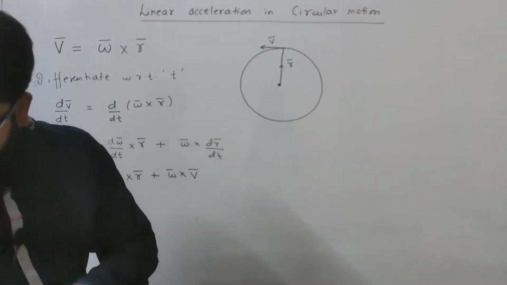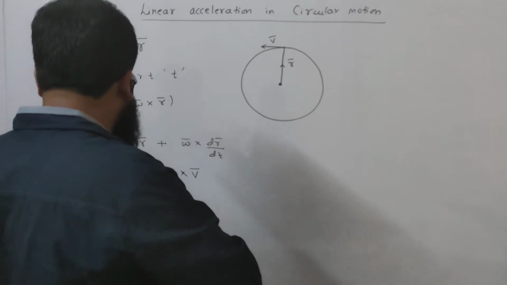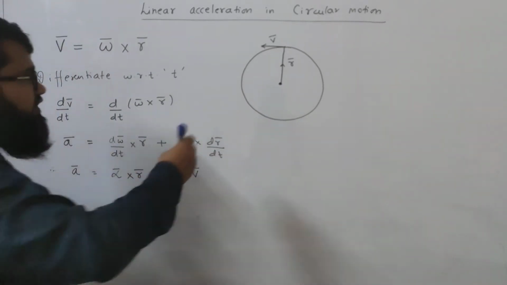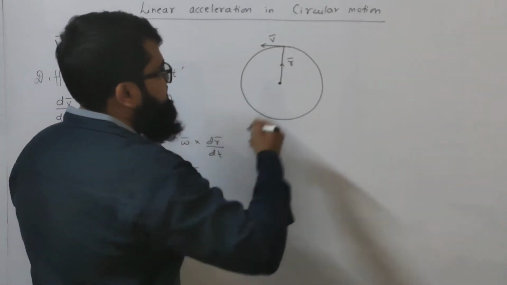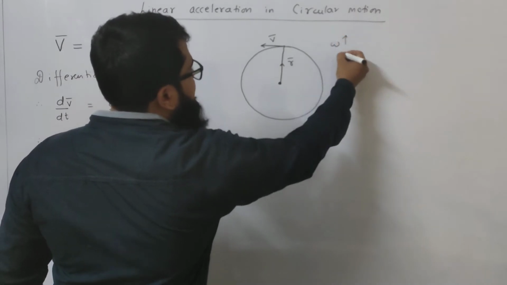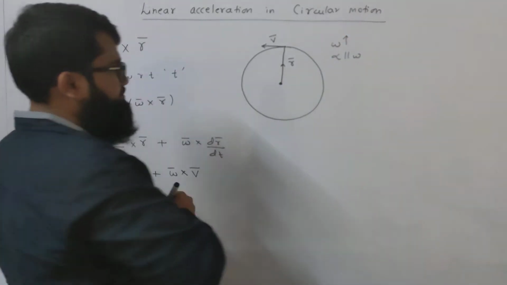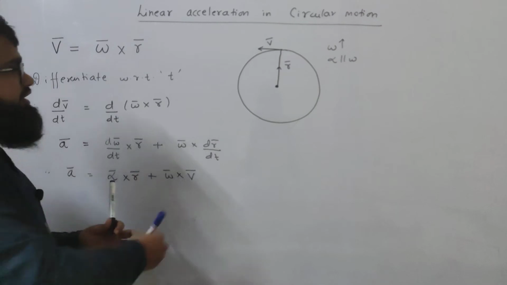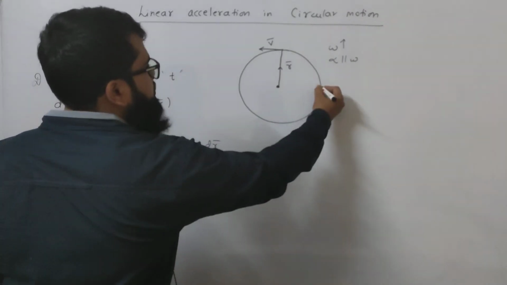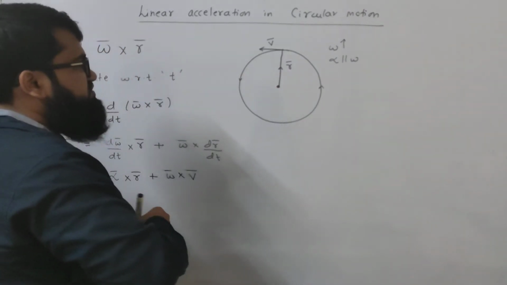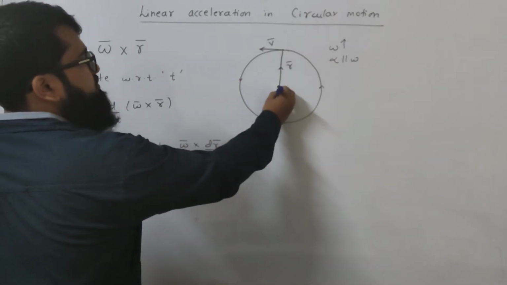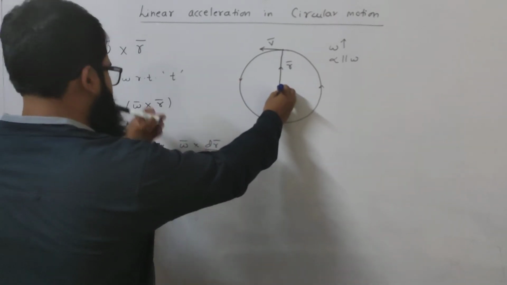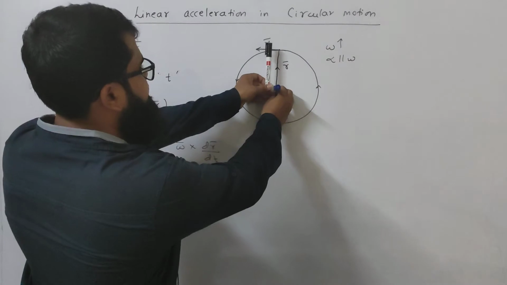What is the direction of alpha? The direction of alpha is here if omega is increasing, because if omega is increasing then alpha is parallel to omega. So the direction of alpha according to right hand rule, if the object is moving anti-clockwise, is here, and the direction of r is here.